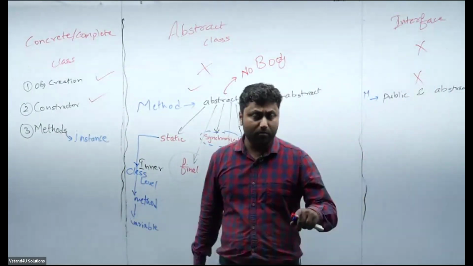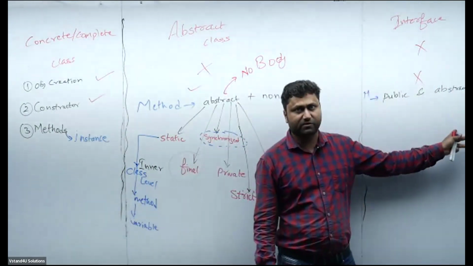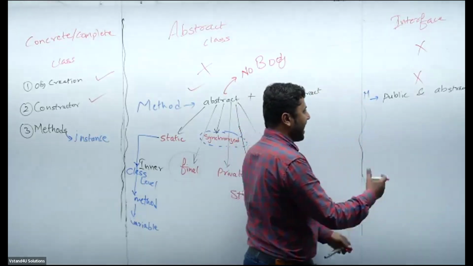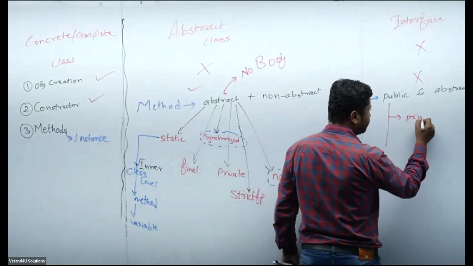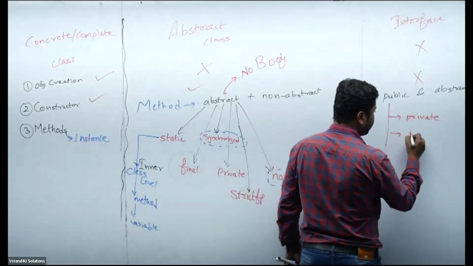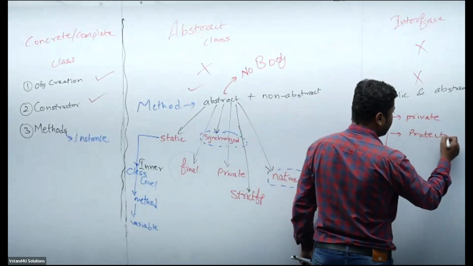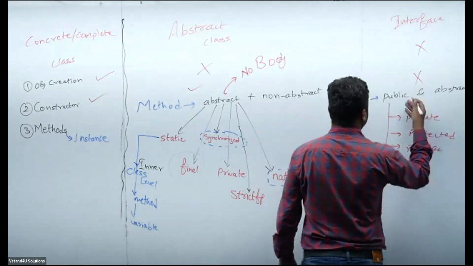Because of abstract, these 6 keywords cannot be marked on an interface method. Along with that, a method cannot be marked as private, protected, or package. I hope this is very clear since it is already public.